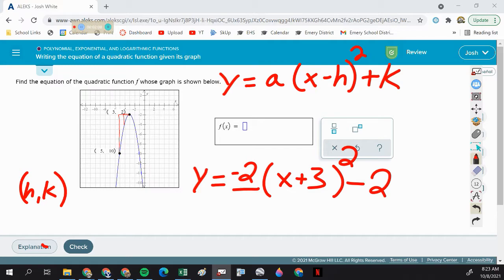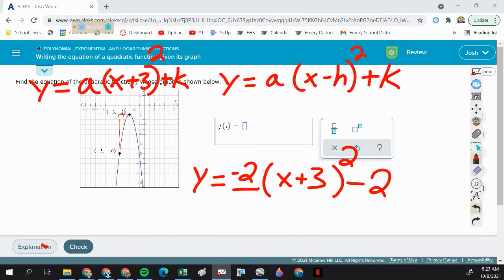Now, if you can't tell or you have a hard time doing that, there's another way to figure that out. So if I had y equals a times x plus 3 squared plus k, and I wanted to figure out a, and I couldn't figure it out from the graph, there is another way to do it, because I know that this is a point on the graph.